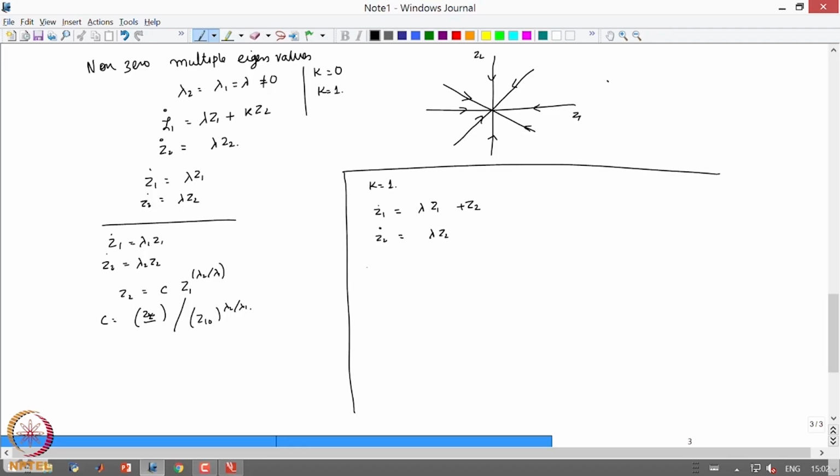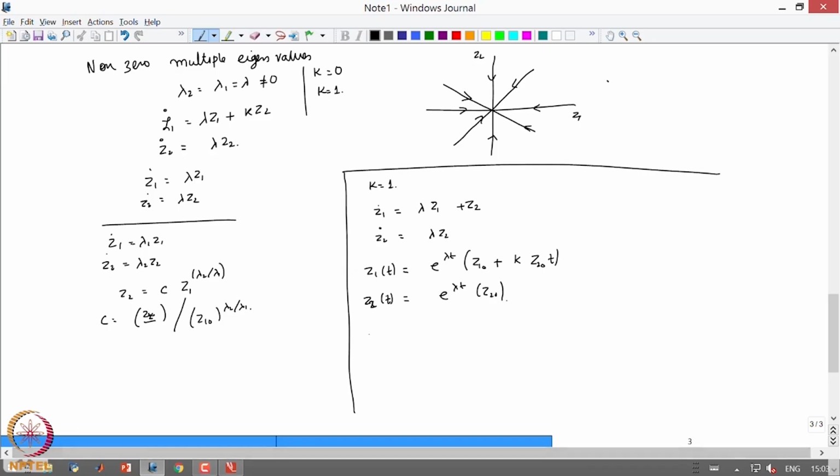So the solutions would be z1 of t is e power lambda t times (z1 of 0 plus k z2 of 0 times t), z2 of t is e power lambda t z2 of 0.